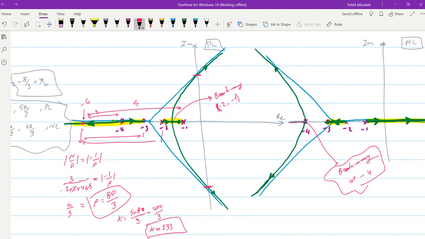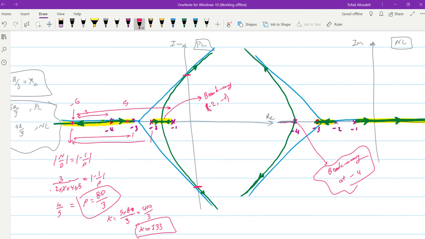For this value of k, one pole will be located at -6. The other poles will be located, one somewhere here between -4 and -3, and the other two will most likely be somewhere over here. If you want to find the exact values, you would need to replace k with the given value, and then solve n minus 1 plus rho n over d equal to 0.